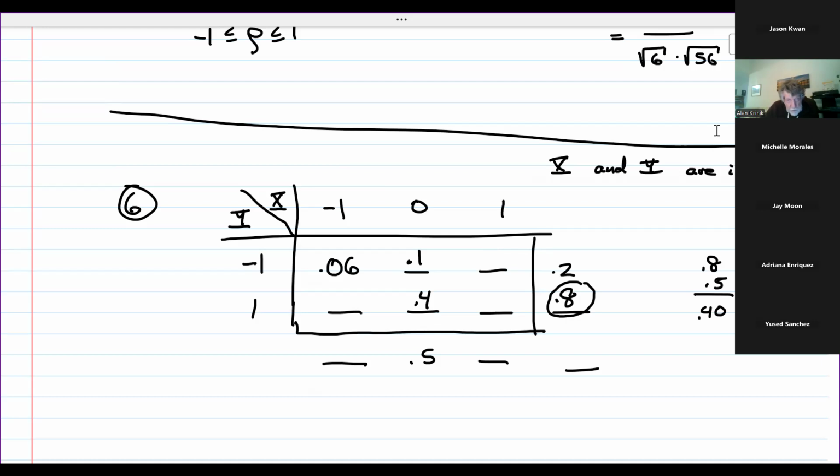I think it's right. So this and this add up to 0.16. And so what would this have to be? It would have to be 0.4 as well. Not 0.4, point what? 0.04, sorry. Because if I add 0.04 to this, that'll give me this.